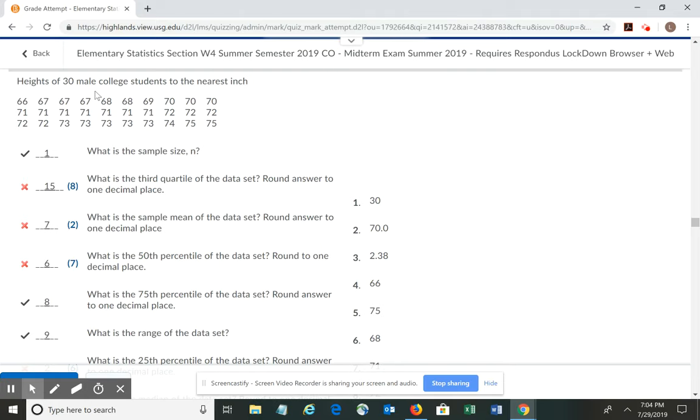Okay, so give me just a minute to get them into my calculator. Now the handheld calculator gives you slightly different numbers than the free website, so you may want to do it both ways, or know that it's going to be a little bit off, especially with the first quartile and the third quartile.